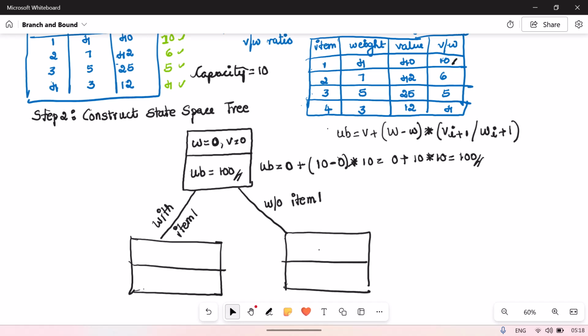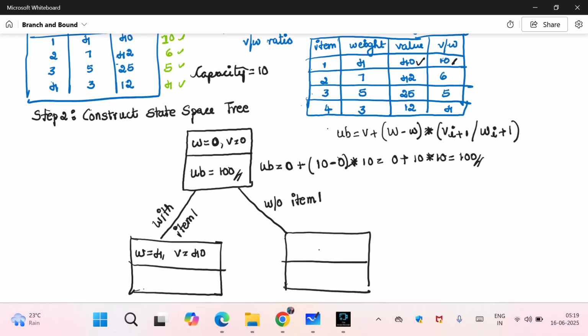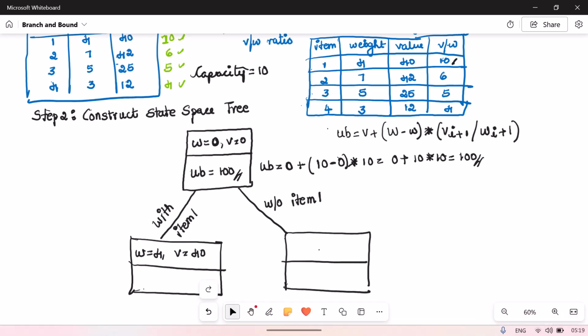See, with the item 1. Item 1 is having the weight 4 and value is 40. Correct? Here it is. So, upper bound is 40. That is your value. Plus total capacity is 10 minus weight of the current item is 4 times value over weight ratio of the next item.